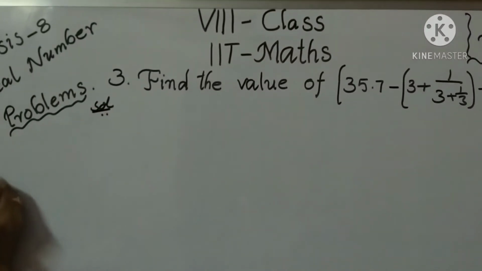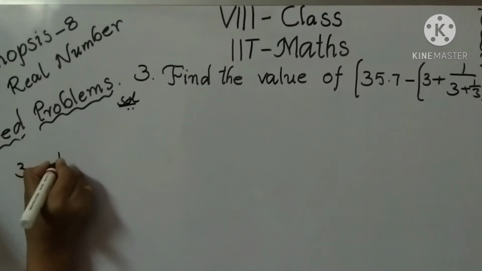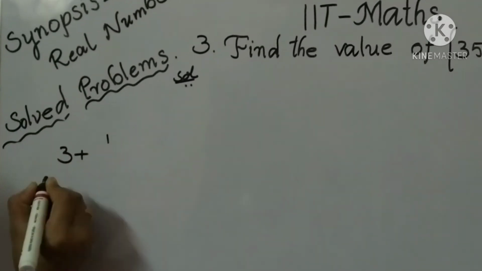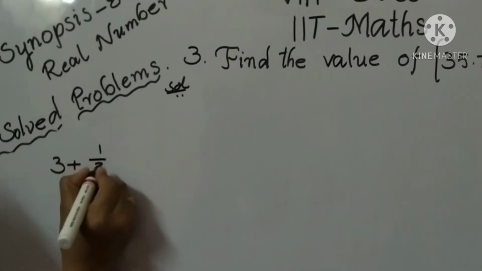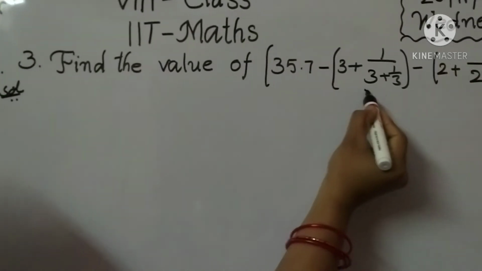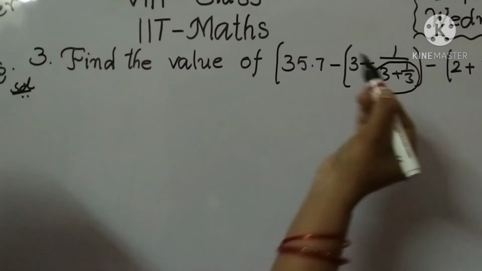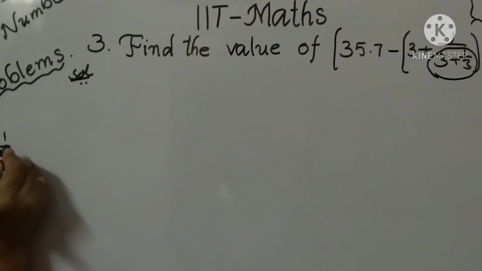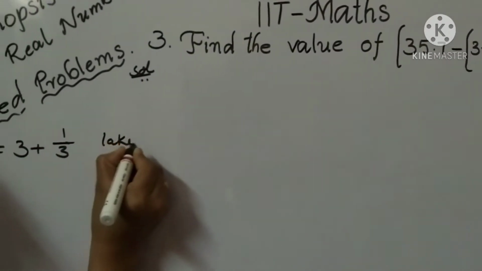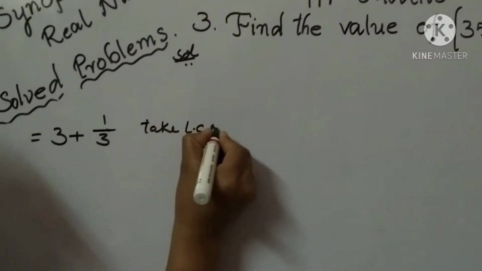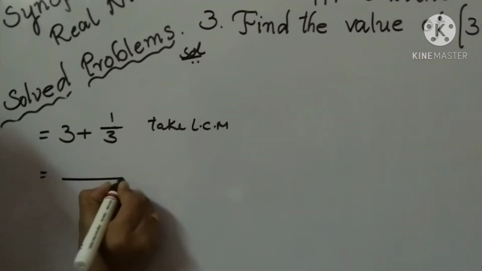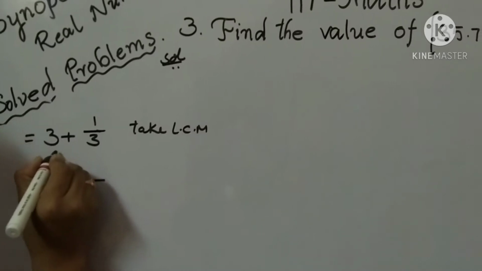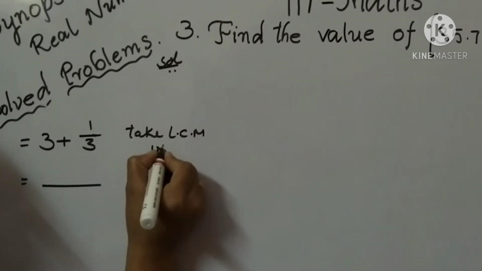So first we have to take 3 plus 1 by 3. First take the denominator of 3 plus 1 by 3. So take the LCM.